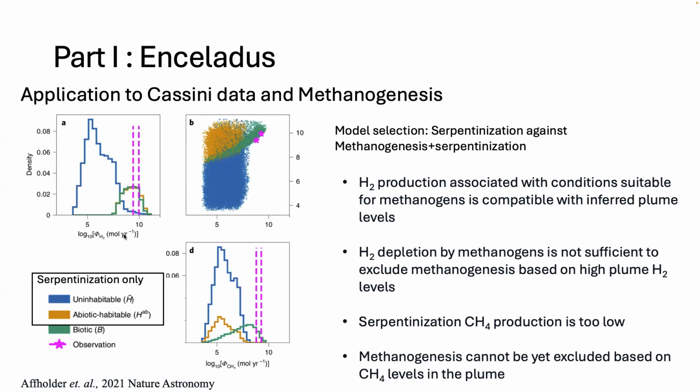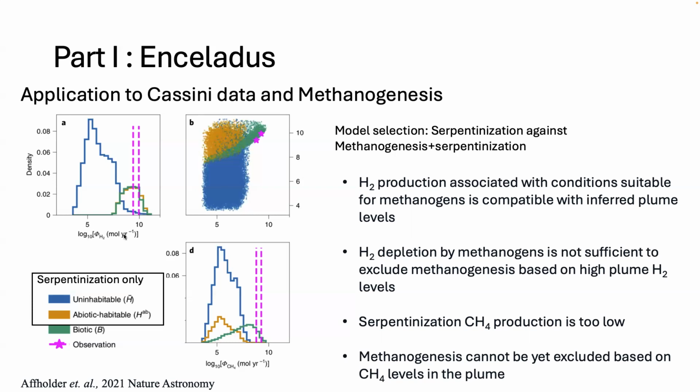So what we see from these results is, first, we're able to reproduce the observations, always nice, but under only one subset of simulations, the biotic subset. And that's solely because of methane. Our abiotic model is unable to produce enough methane to match the observations. In our abiotic model, we just have as much CH4 as was observed being produced abiotically in serpentinization experiments.